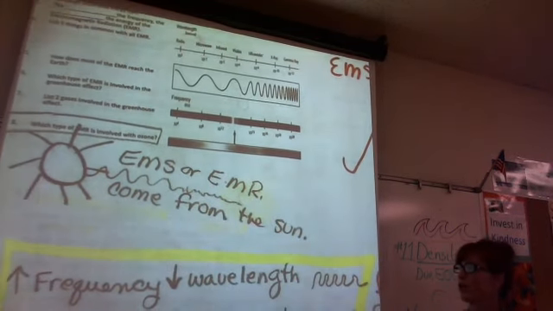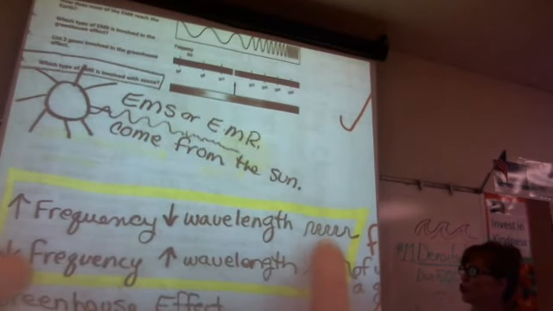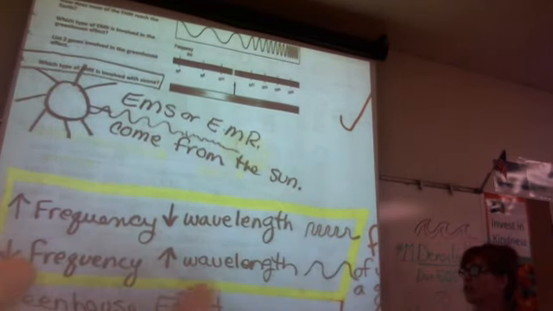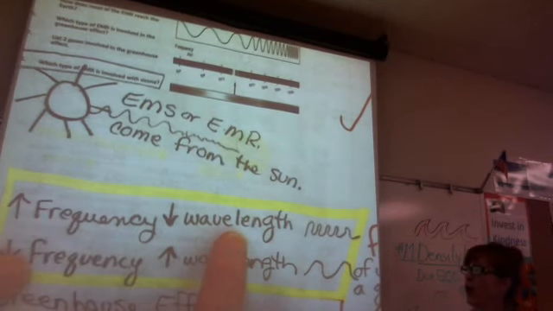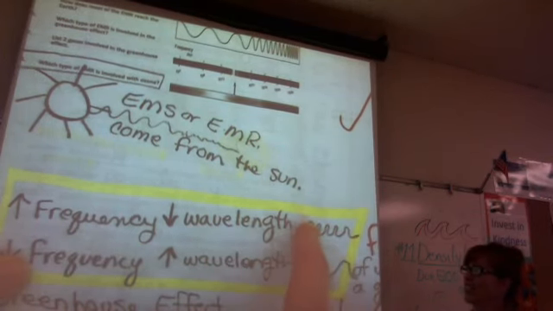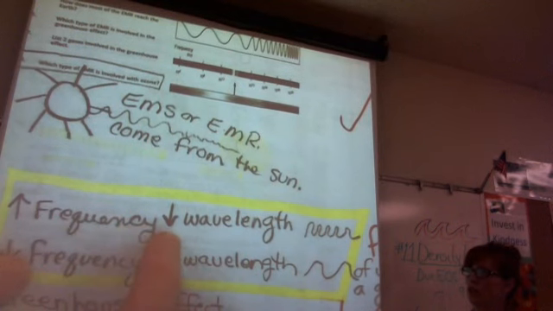When we're looking at frequency and we're comparing it to the wavelengths, I went ahead and drew it so I can see it. So an increase in frequency, beep, beep, beep, beep, beep, beep, beep, is a decrease in wavelength. The wavelength distance is getting shorter. That's an indirect relationship.